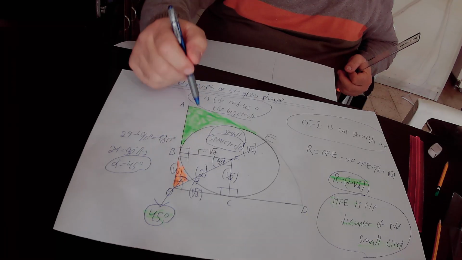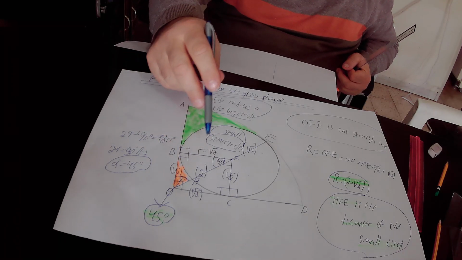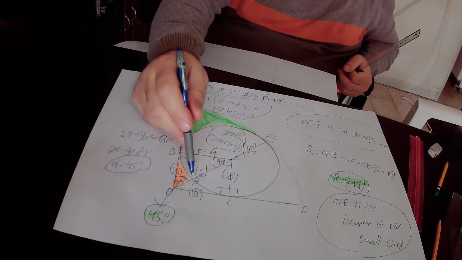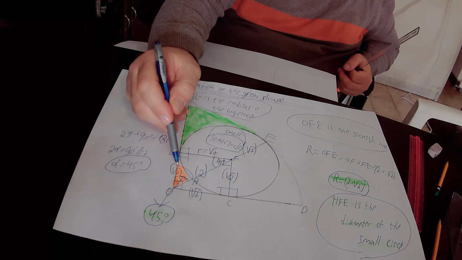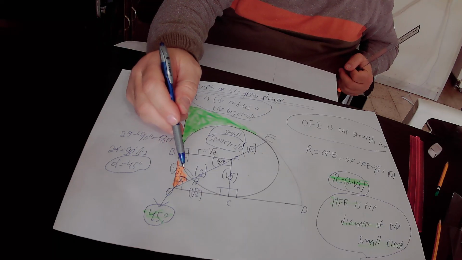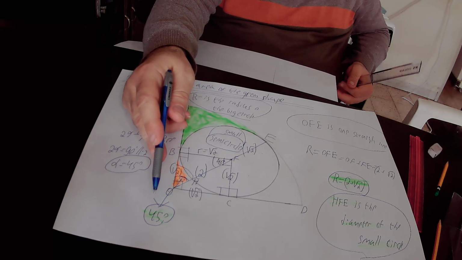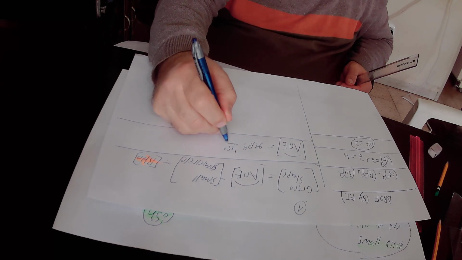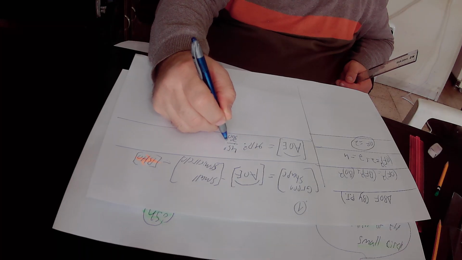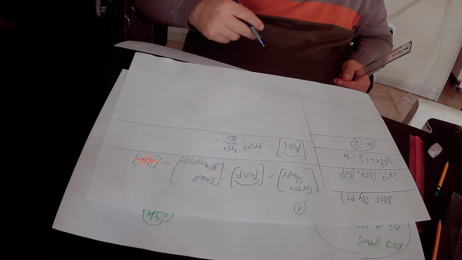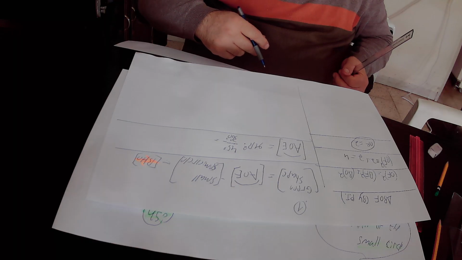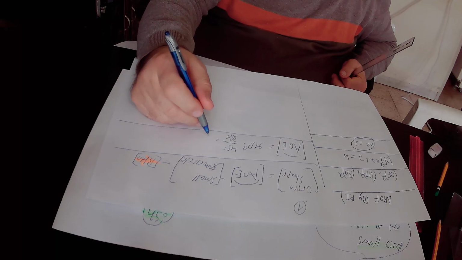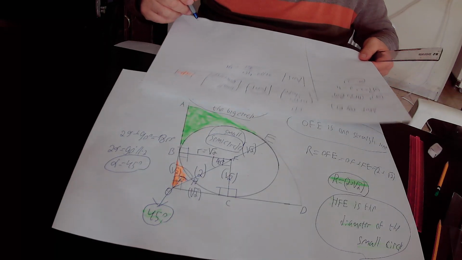AO is one leg and OE is the other leg, and we will find out that the size of this angle is 45 degrees. So it is 45 degrees over 360 degrees. So the area of the big sector equals pi times capital R squared times 45 degrees over 360 degrees.